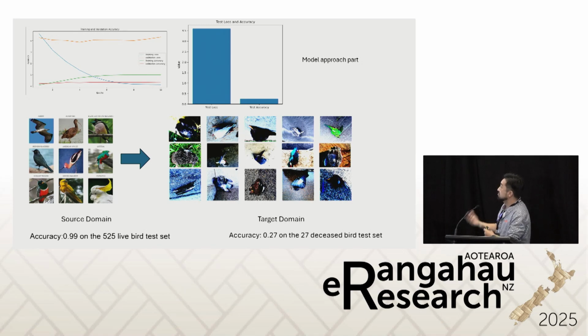After some analysis, we found that's because the source features are hugely different from the target features. In computer vision lingo, that's called the domain shift problem, with differences such as lighting, background, or even that a dead bird's body is so different from a live bird's body.